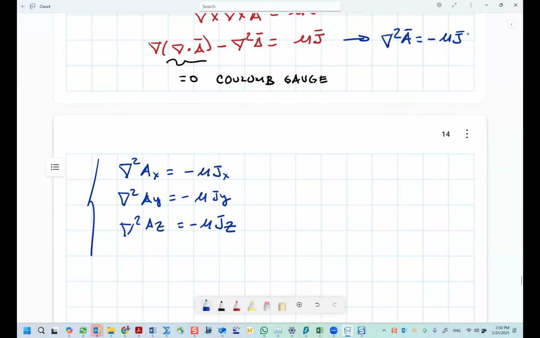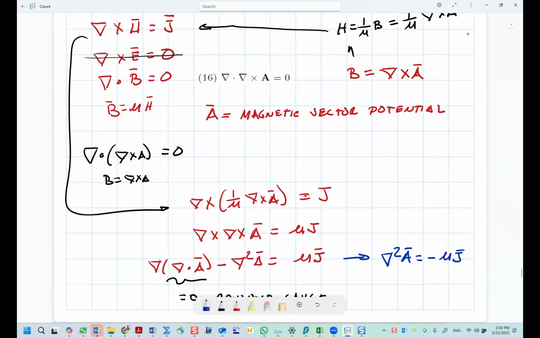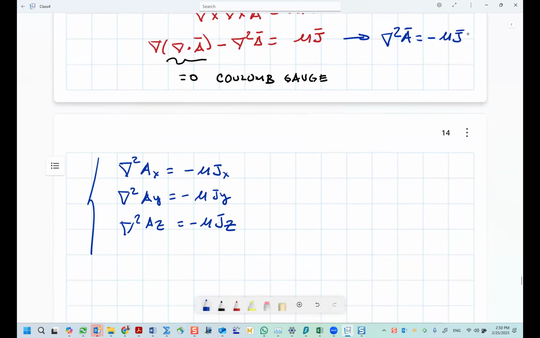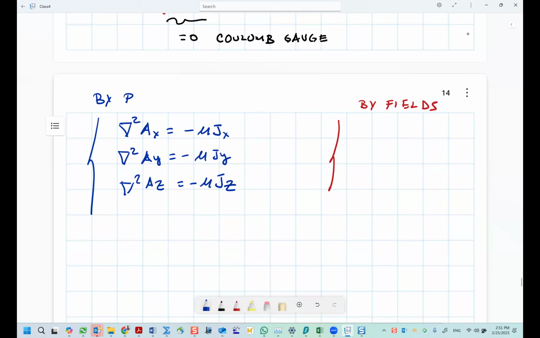And it seems like I'm doing nothing, because if I were to solve the problem directly for fields, I will get the same thing. So if I go by fields, or by potentials, if I go by field, I will get the same.